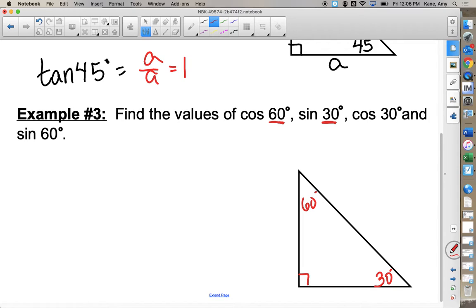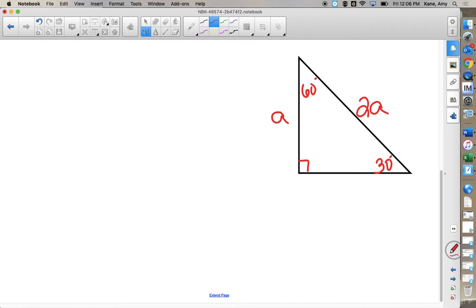So the key thing when you're picking the angles is that side A has to be across from 30 degrees. So you can put 30 degrees wherever you want, but the A needs to be across from it. The hypotenuse is 2A, and then the part across from the 60, that's where the square root of 3 should go in.